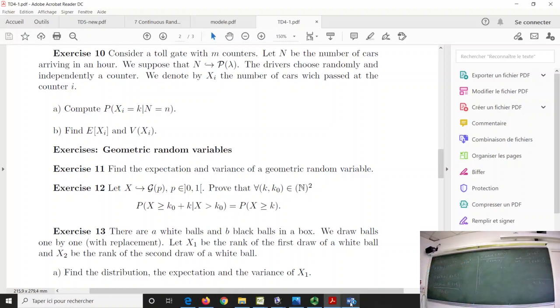If I suppose that K equals 0, I have here the probability that I am greater than K0 intersected with the probability that I am greater than K0 plus 1, so it's this one that works, and so the ratio is equal to 1. And of course the ratio is equal to 1 because if you plug in the right part of the equality K equals 0, you obtain once again 1.